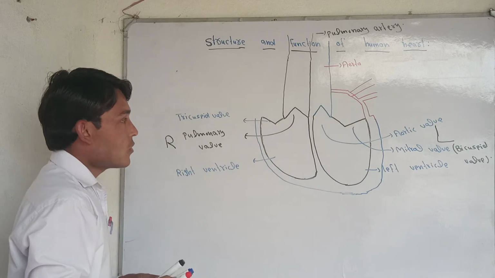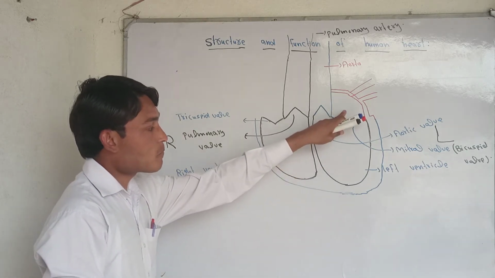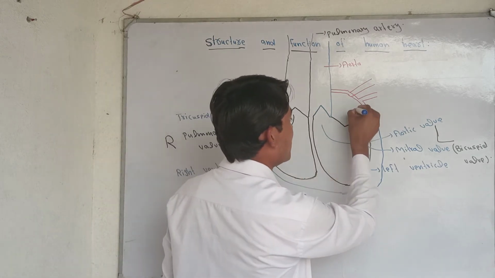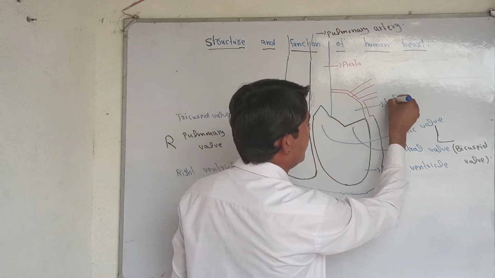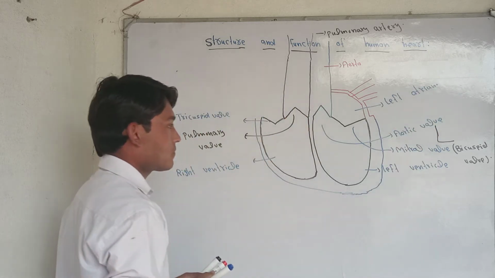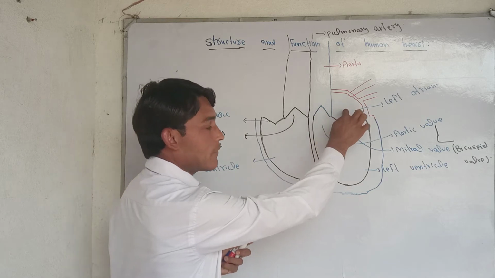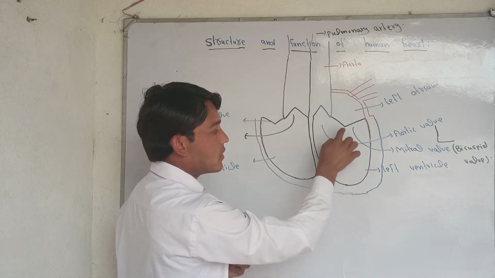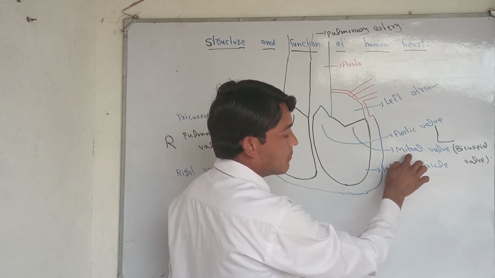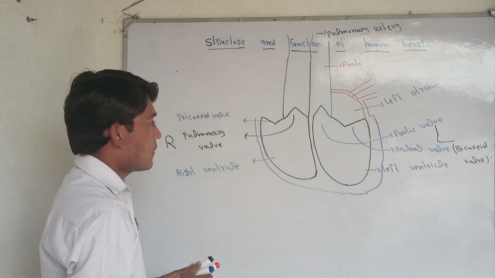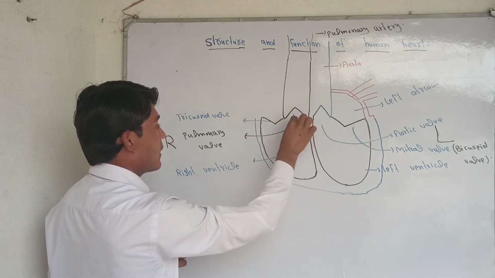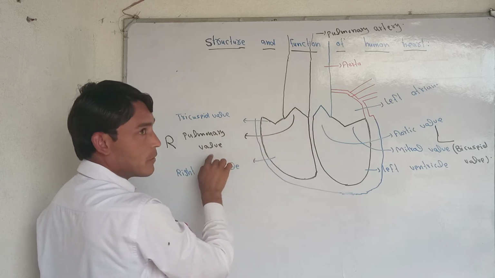Now we have another chamber, which is called the left atrium. The wall between the left atrium and left ventricle is called the bicuspid wall, which is also called the mitral wall. And next we have these two walls, the aortic wall and the pulmonary wall.